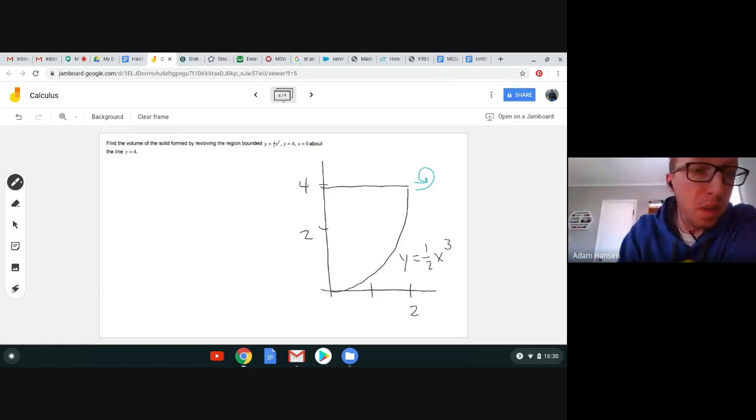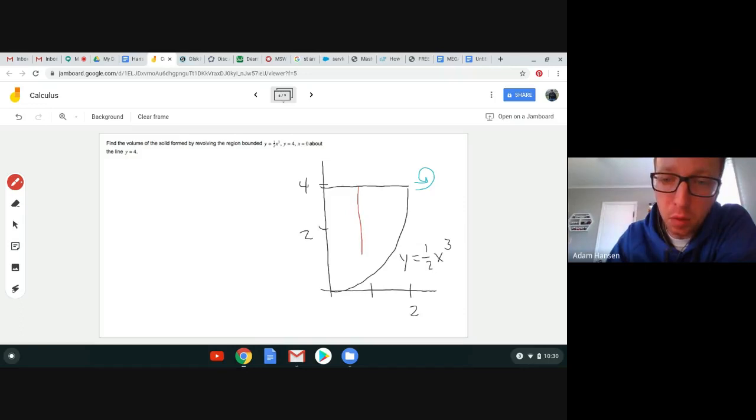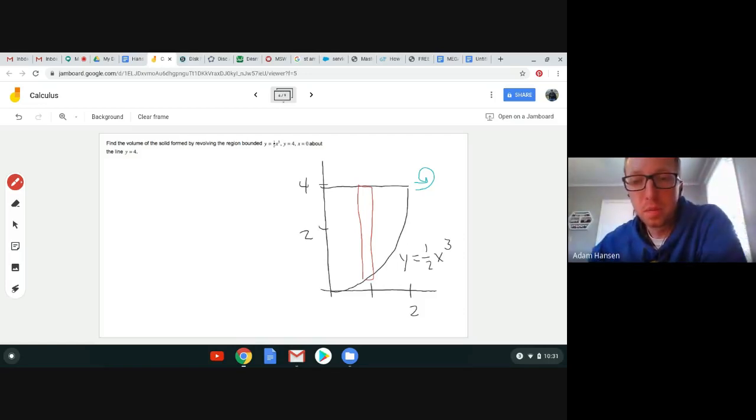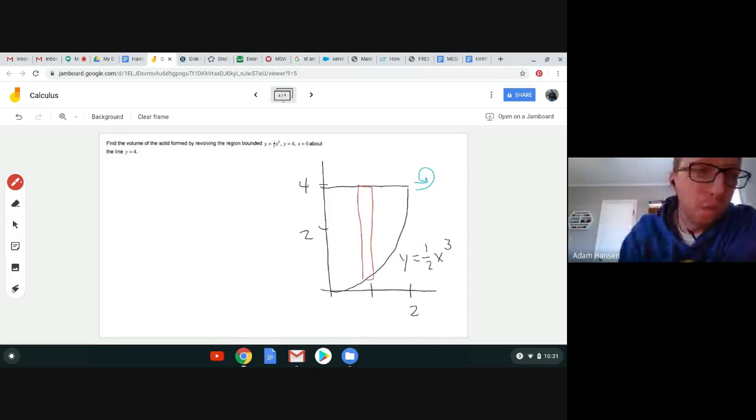Since this is the disk method, let's draw a rectangle to represent one of these disks that we're using to find the volume of the solid. That disk is sitting right on top of our axis of revolution. We need to come up with the radius for that disk, and it is going to be in terms of x, which is nice.